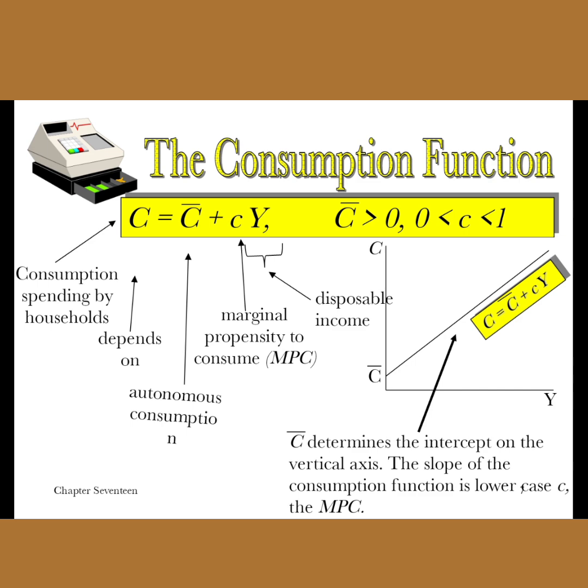Even if the disposable income is zero, we have a certain amount of consumption, which is the autonomous consumption. And we know that consumption increases with income, meaning as income increases, the consumption increases. So this graph should be upward sloping, as you see here. That's why there is a direct relationship between the consumption and the income.